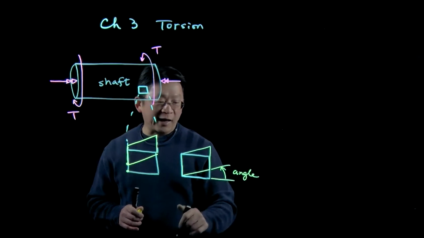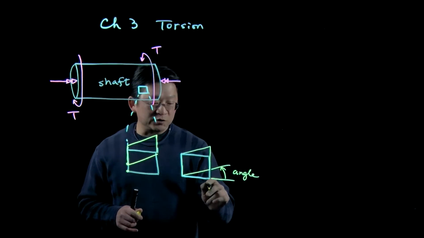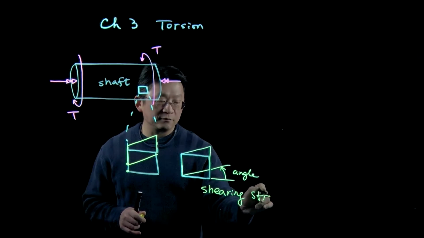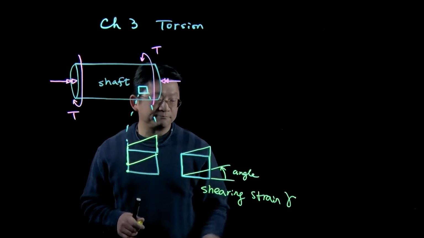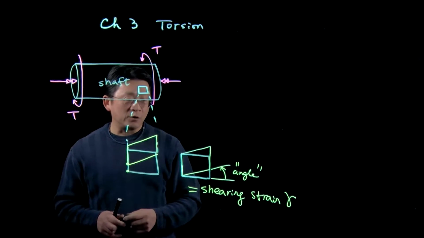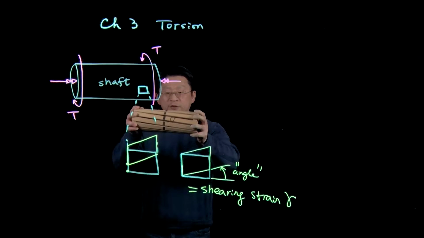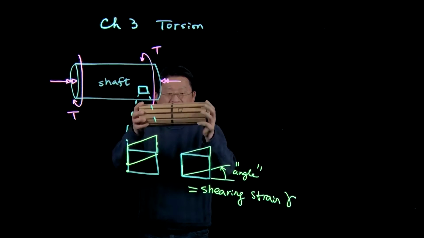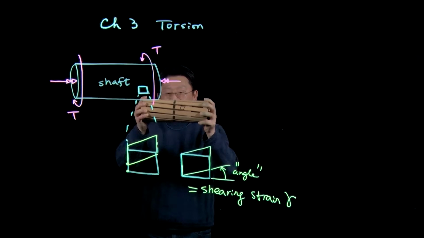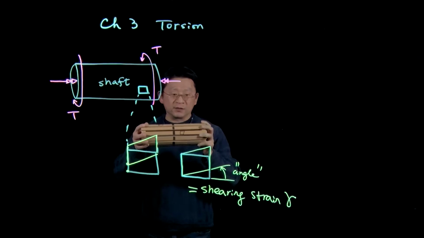Compared to our definition of shear strain, this angle is the shear strain, which we call gamma. So due to torsion, we measure the change in angle of each slab from its original horizontal direction, and that angle is exactly equal to the shear strain.